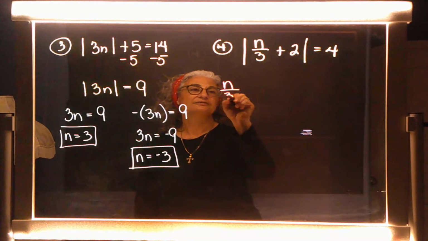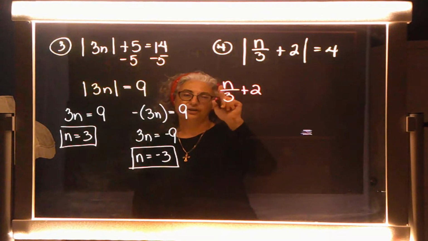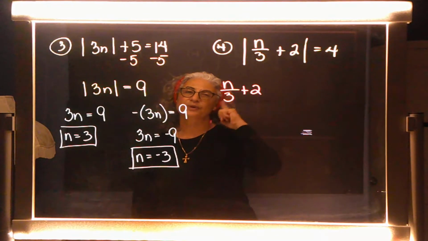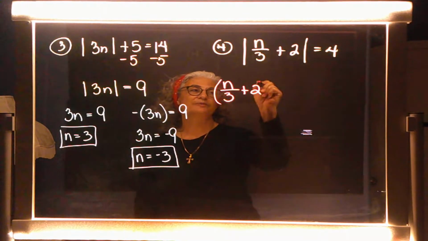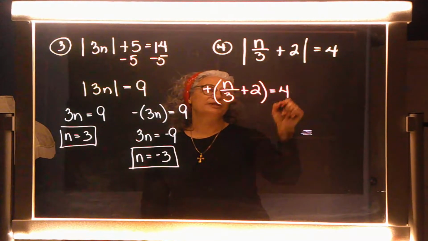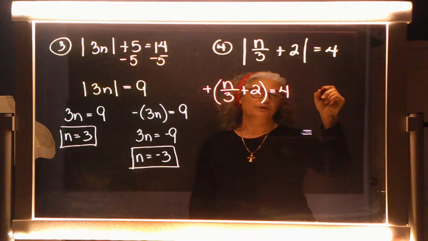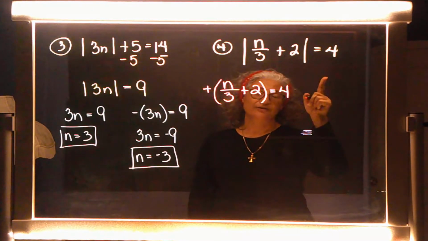inside here, right? And by the way, humor me a second. I'm going to write it this way because some of you are visual and you need to see what I'm saying. This is a positive number inside here, and it's supposed to equal 4. But I'm also supposed to have the negative, right?